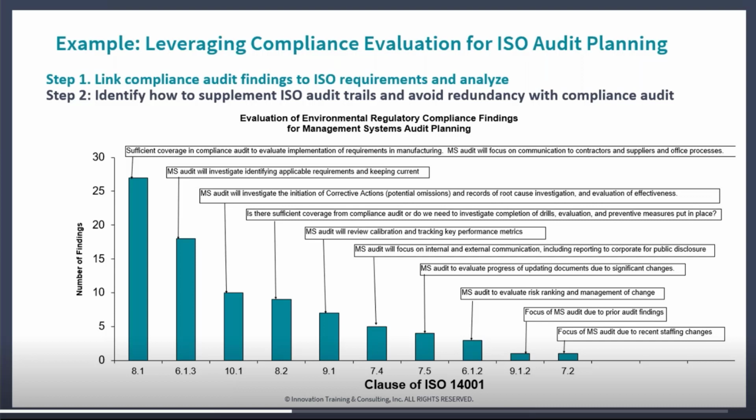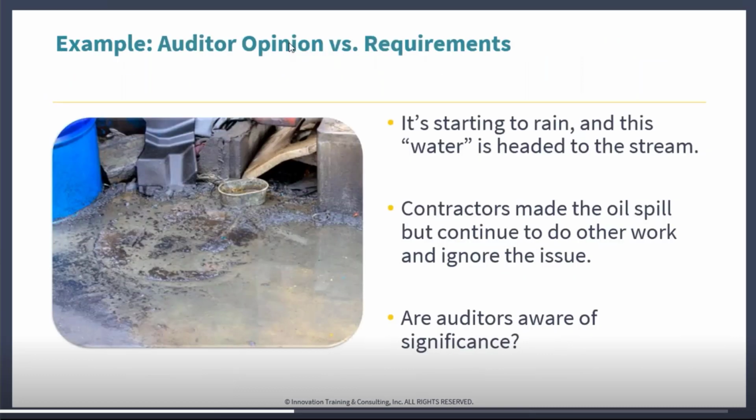These next couple examples are ones where the auditors just didn't really understand the importance. In this one case, there were contractors filling containers, they had spilled a bunch of oil, it was raining, the oil sheen was going right off the property into the stream, and the contractors were just carrying on doing things like nothing was wrong.